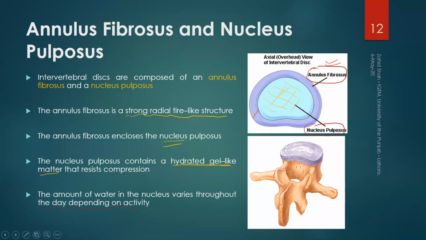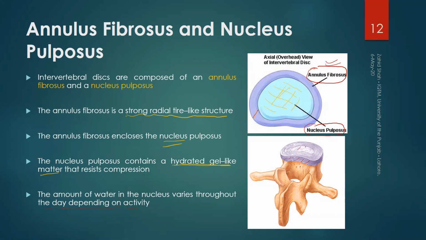And you can notice that there are different layers of fibers in this outer annulus. So the annulus is something like an onion. If you cut an onion, you can see it consists of different layers, one inside the other.